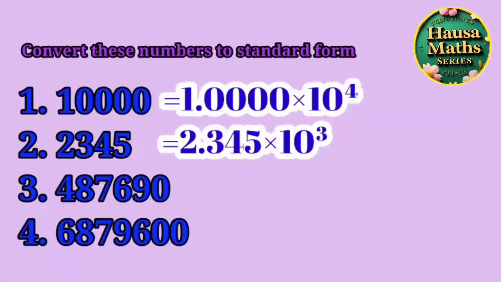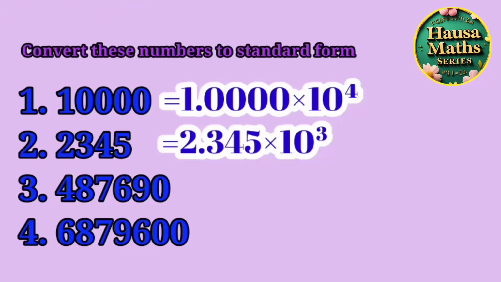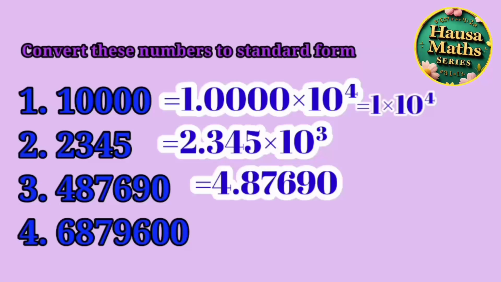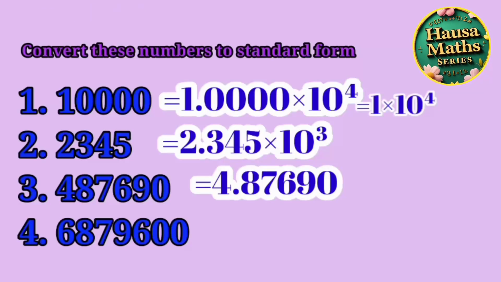The third one, we have 487,690. Like this one, we put a point after the first digit, which is 4. So 4.87690. Now we count the numbers ahead so that we can find the power of 10.